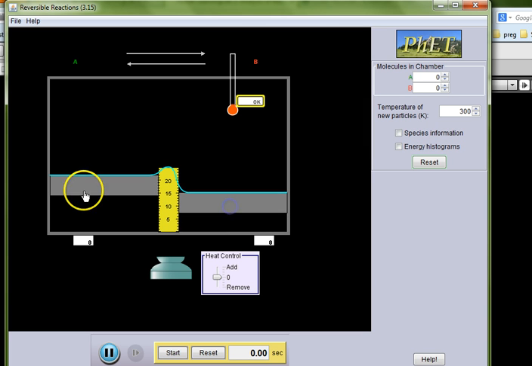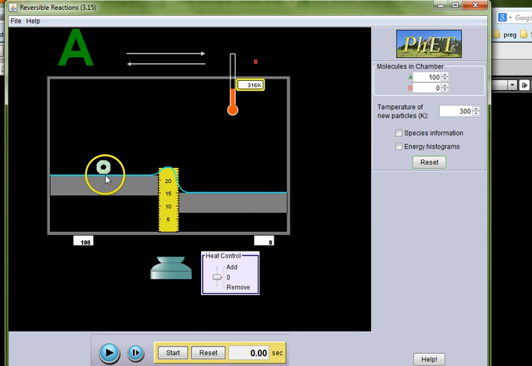So we set these as the parameters. Now we'll add some molecules. Let's say 100 molecules of A. Before you hit enter, make sure that you pause.